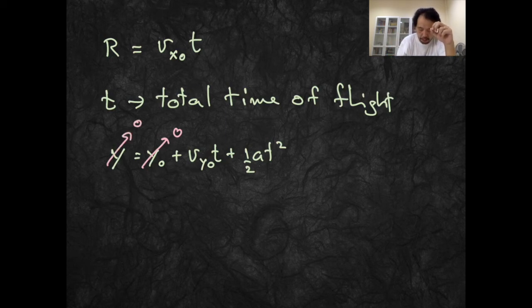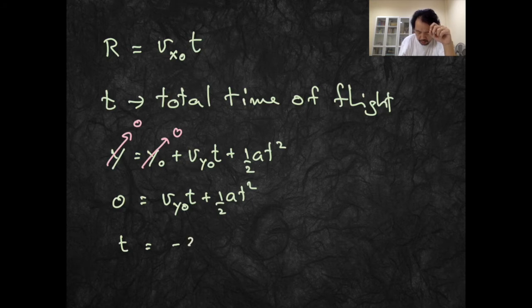So we have that 0 is equal to Vy0 t plus half of a t squared.